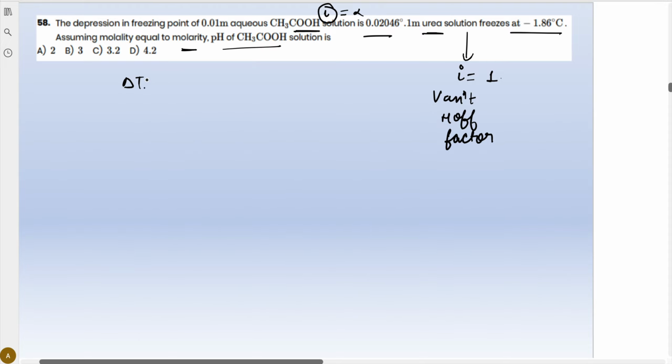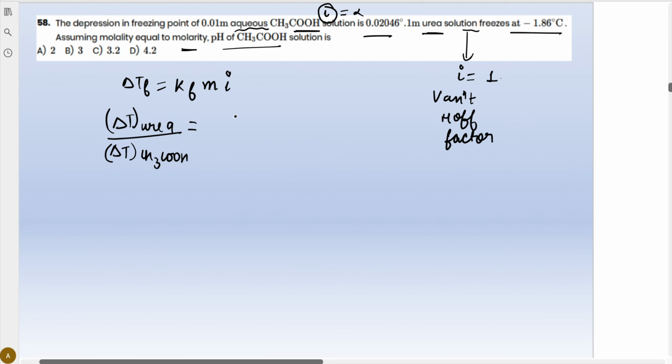So delta TF is equal to KF m I. So what you do, delta TF of urea, divide by delta TF for acetic acid. KF will be for water in both, because aqueous solution is given in both.